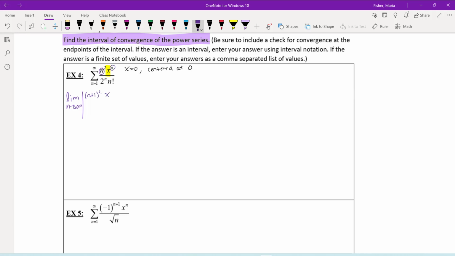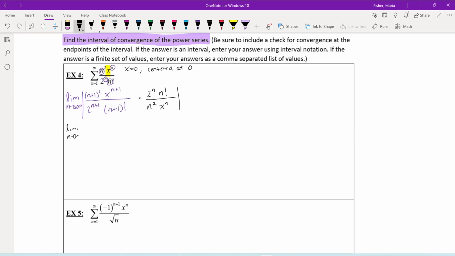X, again instead of the n I write n plus 1, over 2 to the n plus 1 times n plus 1 factorial. And then I divide it by a sub n, but instead of dividing, I'm going to go ahead and multiply by the reciprocal. So the reciprocal here is going to be 2 to the n times n factorial all over n squared times x to the n. So now let's expand where we can, cancel, and see what we get.